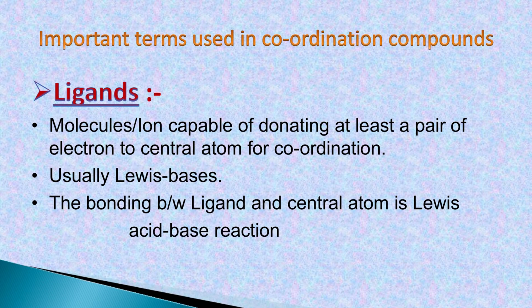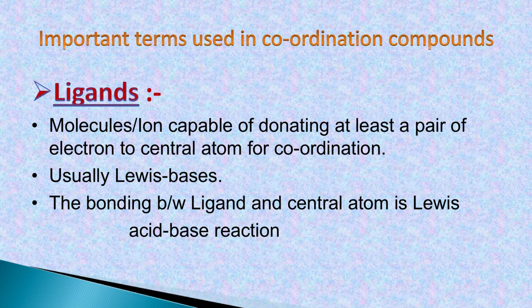And ligands can be neutral, cationic or anionic, and all the ligands are like Lewis base. Lewis base means which has lone pair of electron and it donates that pair of electron for coordination. They are Lewis base. And central metal which is the recipient of a lone pair, you know, any substance that accepts a lone pair is called as Lewis acid, and any substance that gives the lone pair is called as Lewis base.